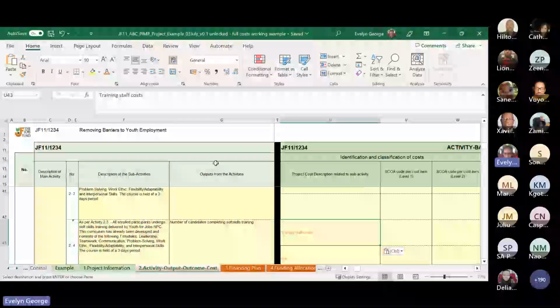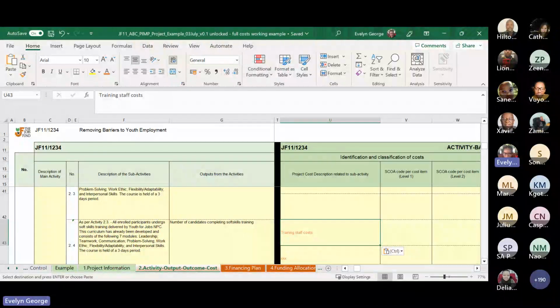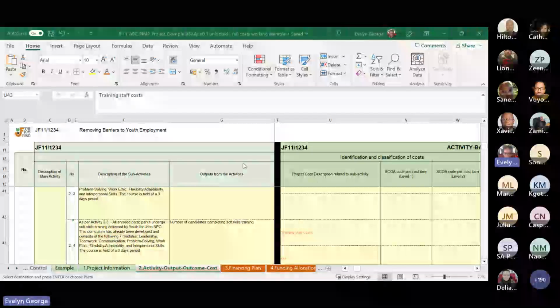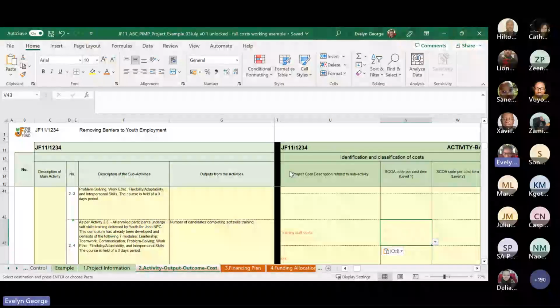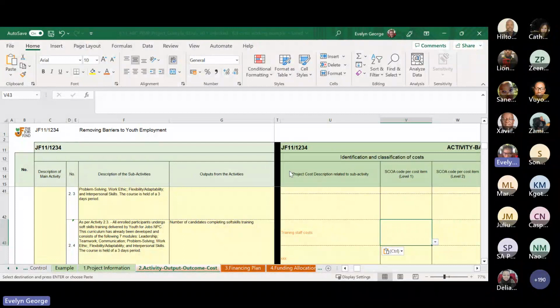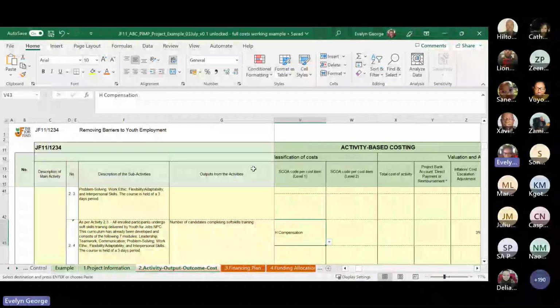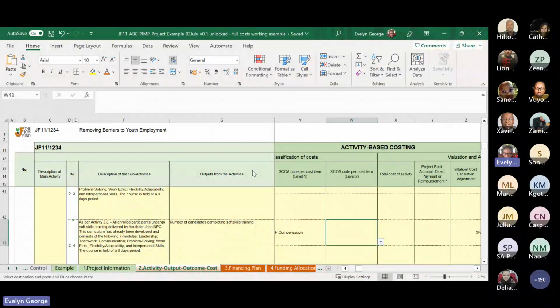Okay, so we have training staff costs, and here I'm trying to cater for those two staff members, right? Ideally, because they are salaries, they should be reflected as compensation. But if I do that, it's not going to give me the correct picture of what's happening.